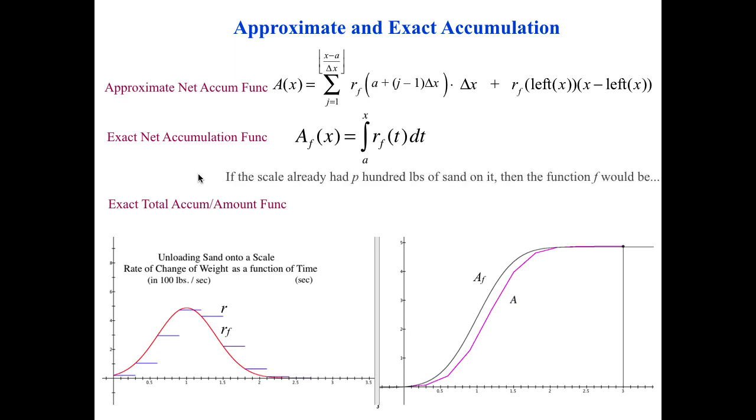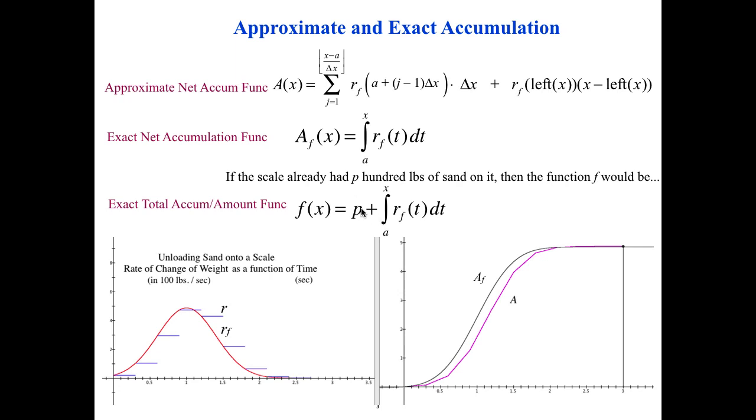So if the scale already had p, 100 pounds of sand on it, if you remember our units were hundreds of pounds, function f, the thing that has been accumulating, would just be this p plus whatever we had before. We could use the exact or the approximate, but just that starting amount plus what accumulates afterward.